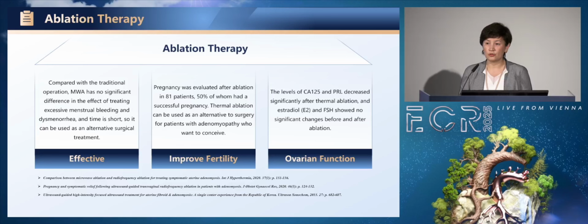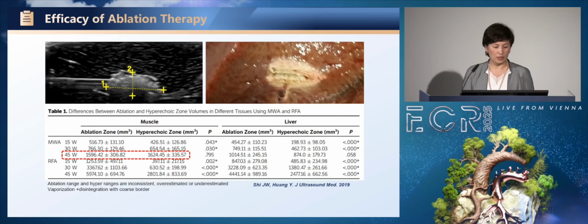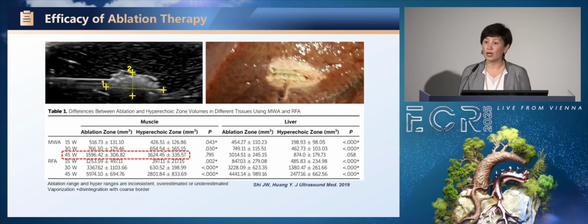And the literature has proven that ablation therapy is effective, improves fertility, and protects organ function. But during the process, the doctors have raised some questions. For example, the hyperechoic range and the ablation range are different.